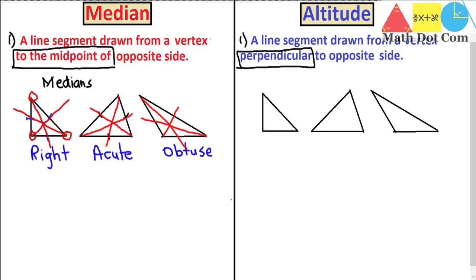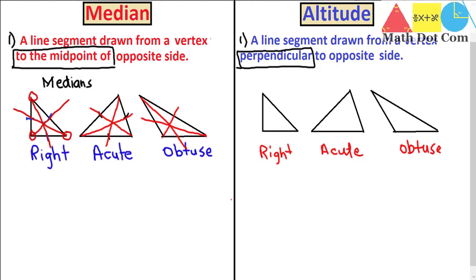While in the case of altitudes, again if I write here, this is a right triangle, this is acute, and this is obtuse. So how will we draw the altitude, or what is an altitude? This is the main concern we need to understand.